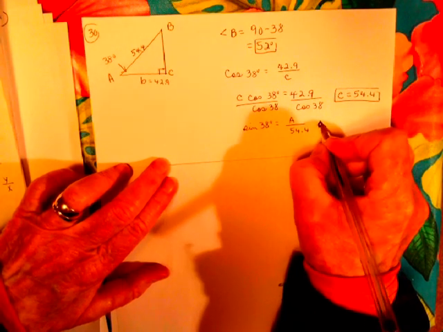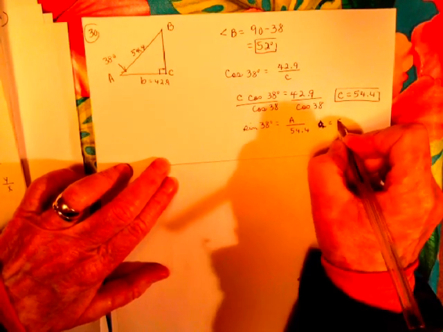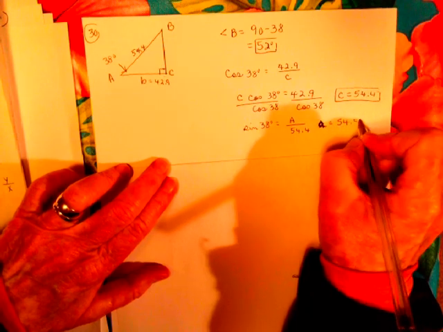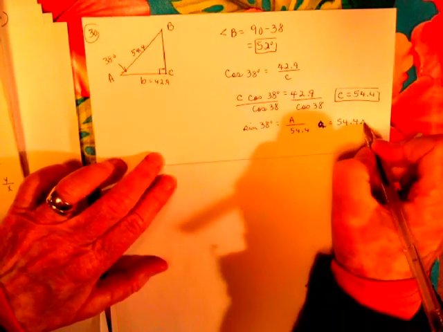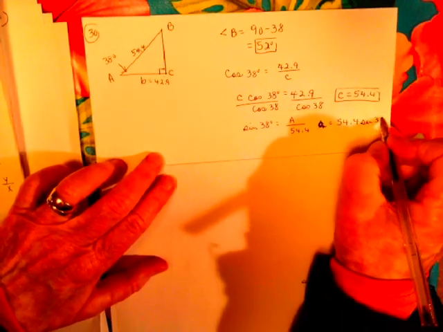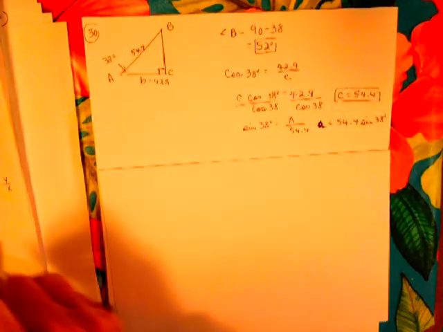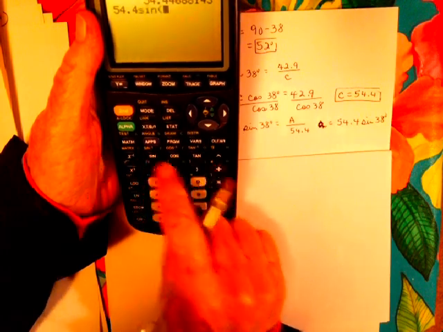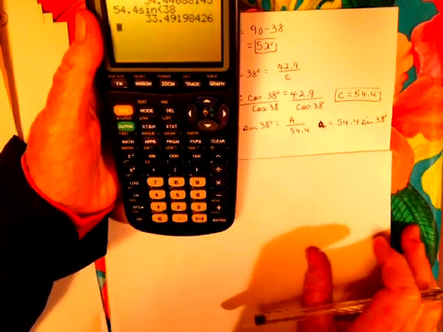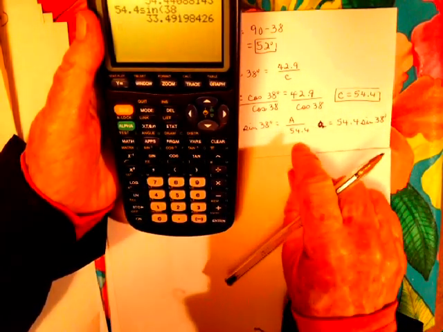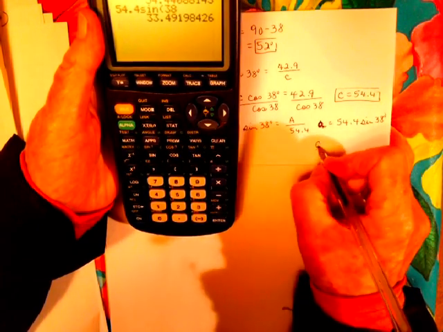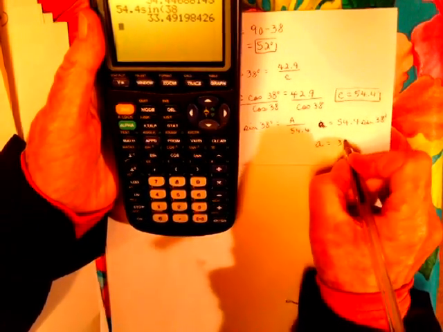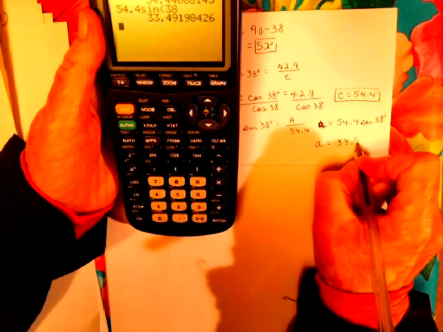Side A equals 54.4 times the sine of 38. 54.4 sine 38 degrees, 33.5. Side A equals 33.5.